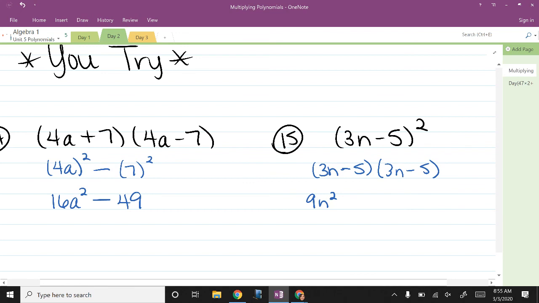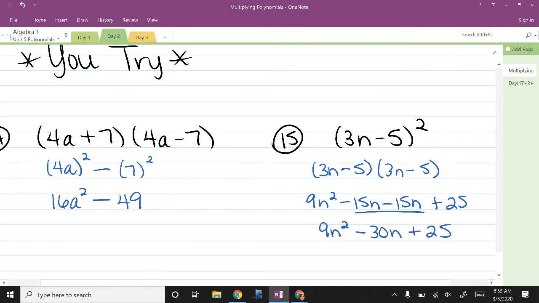What is 3n times negative 5? What's negative 5 times 3n? And we said on a binomial squared, it'll have double middles, right? And then negative 5 times negative 5 is positive 25. Combine your middles. 9n squared minus 30n plus 25.